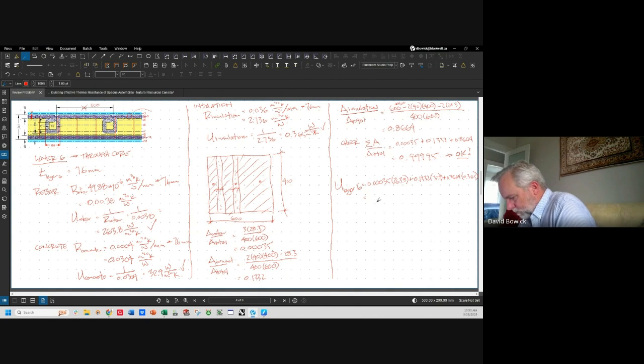And I get 4.791 watts per meter squared per degree Kelvin.